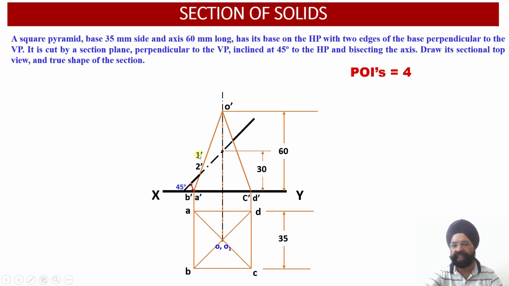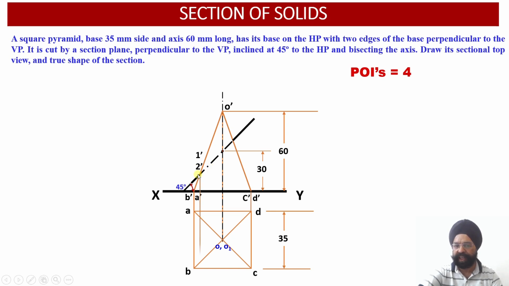That is, 1 dash is the point of intersection of the cutting plane with the front view projection of the slant edge O dash A dash. So O dash A dash has been cut by the cutting plane at the point 1 dash. Similarly, the O dash B dash projection in the front view has been cut by the POI, that is point of intersection 2 dash, by the cutting plane.